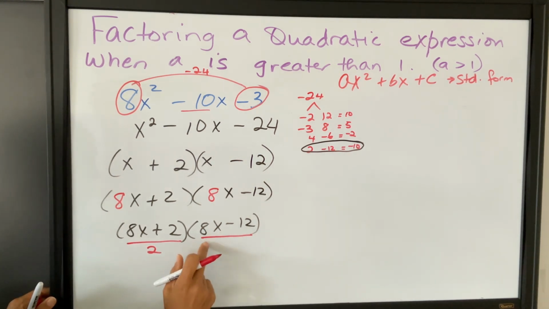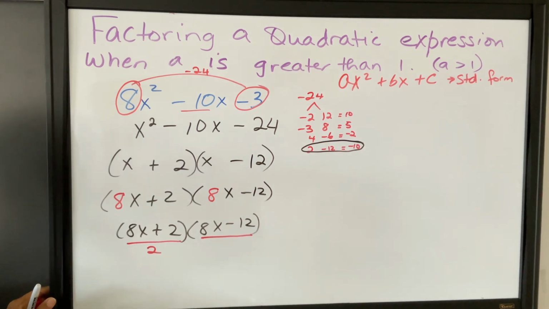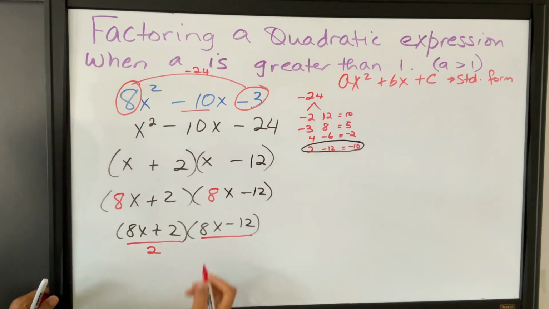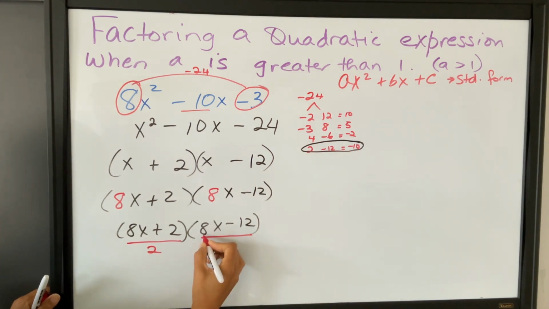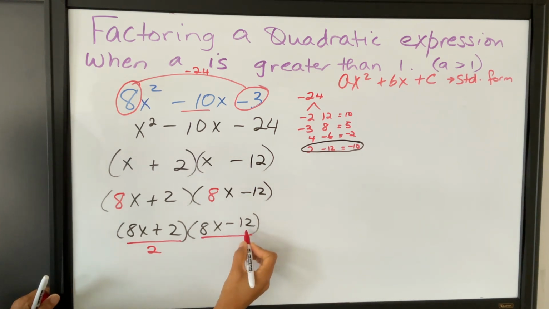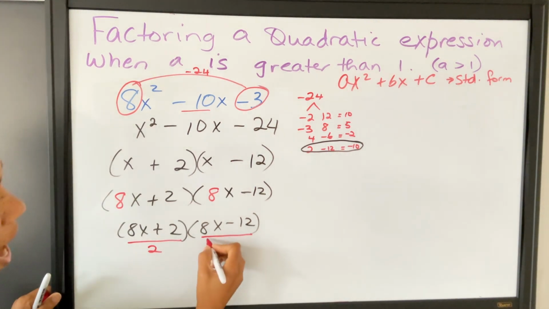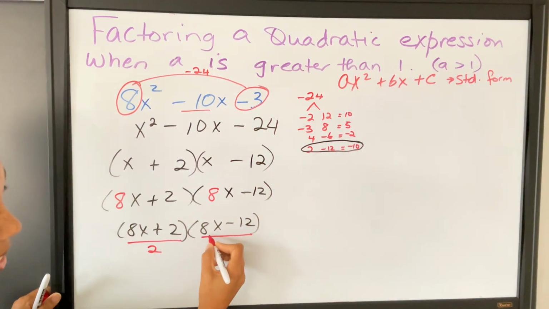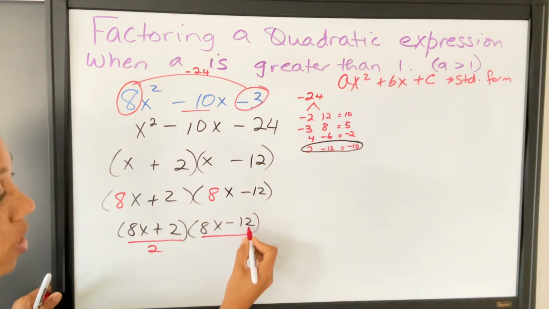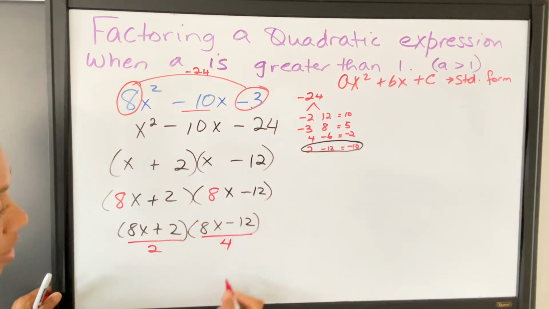So I can choose 2, but 2 is not the greatest common factor I'm going to look for, not the lowest one. So let's choose the next number from 2. Can't use 3 because 3 doesn't go into 8, even though 3 goes into 12. So I'm going to use 8. Sorry, I'm going to use 4. 4 can go into 8x, and 4 can also go into -12, so I'm going to divide this by 4.